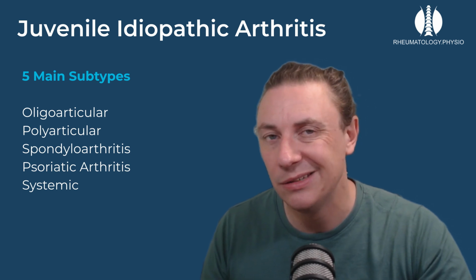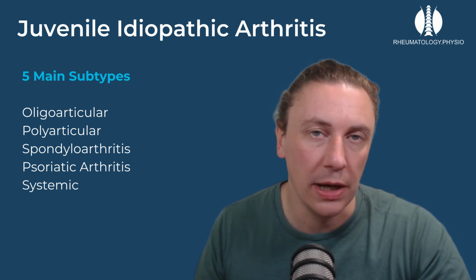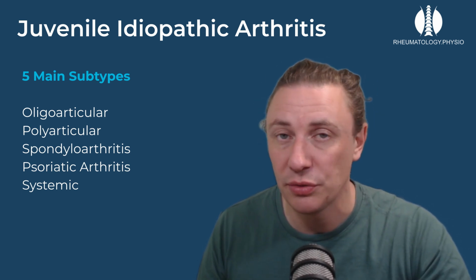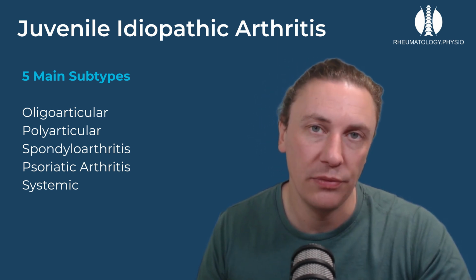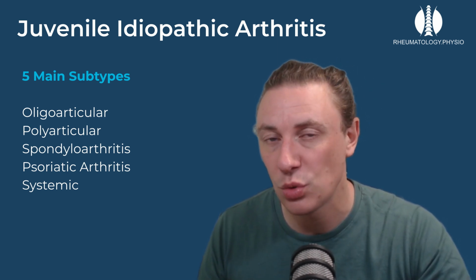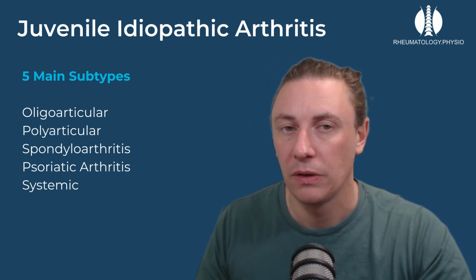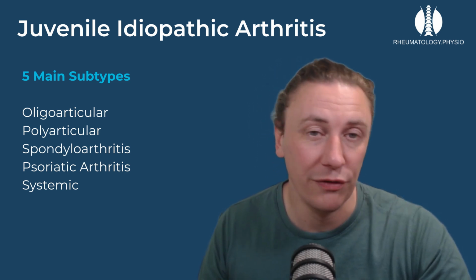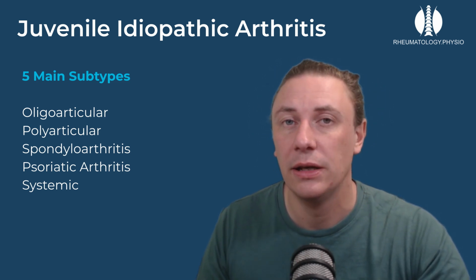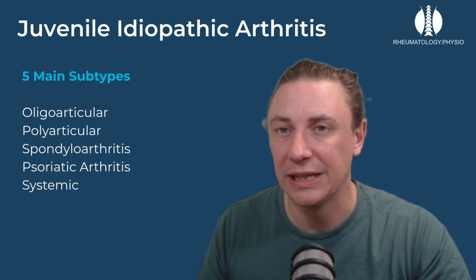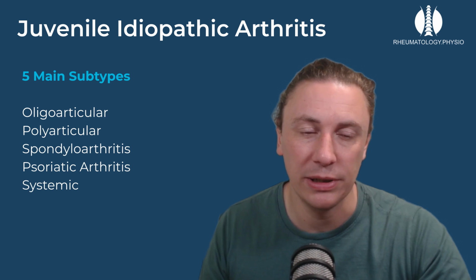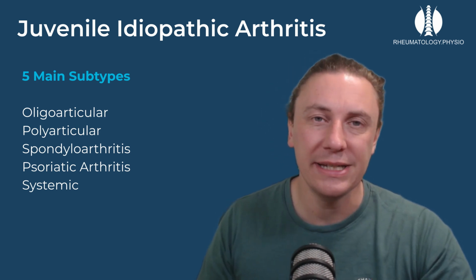You can see some 16-year-olds or even younger developing more adult presentations of the types of arthritis, and then you can see up to 21 the development of a more juvenile idiopathic arthritis looking picture, and systemic juvenile idiopathic arthritis, rarely, but certainly will affect people into their 20s as well. So it isn't hard and fast.